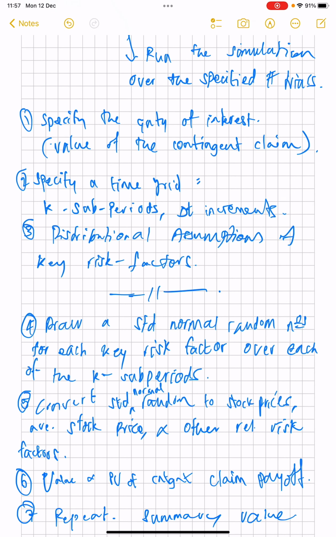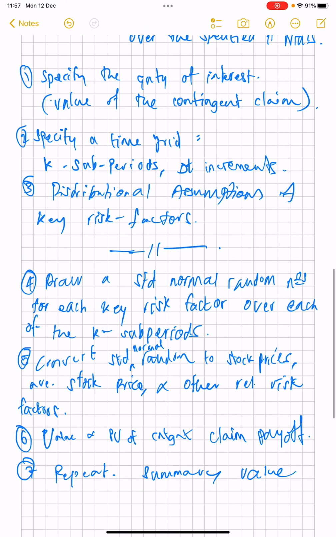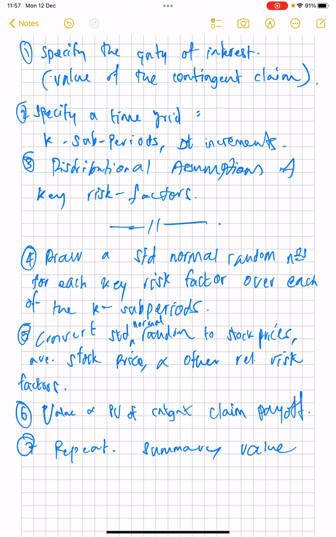Fourth, we use a computer program or spreadsheet function. This can be done easily in Excel, where you generate a normal random distribution for each simulation step.